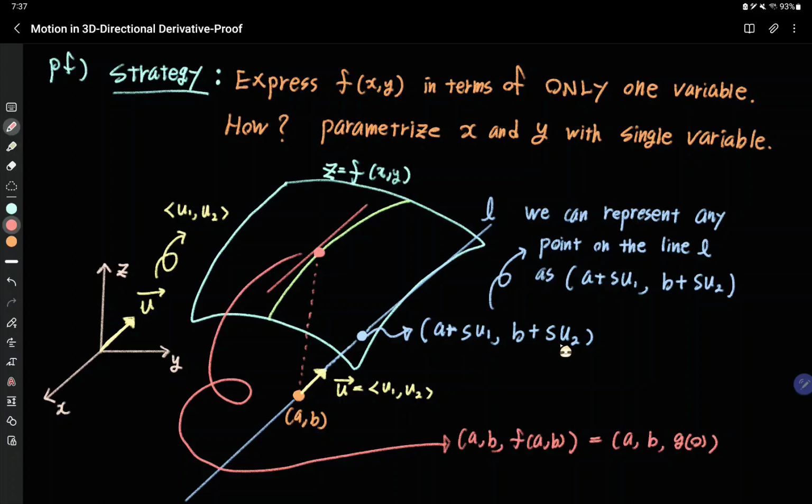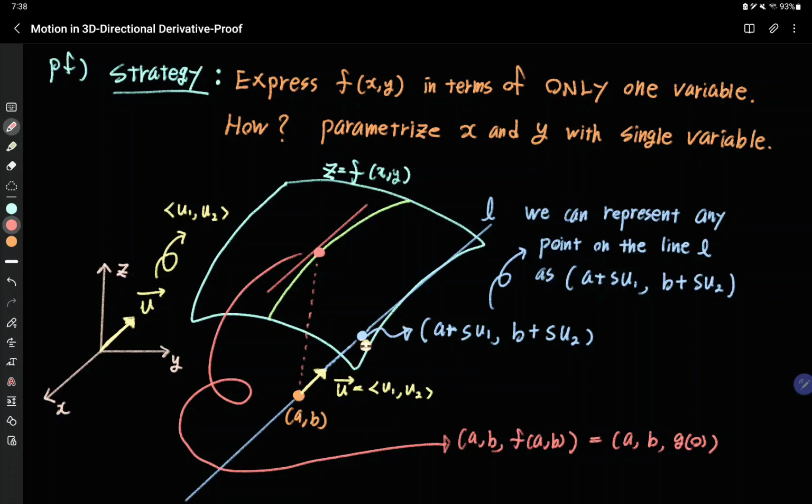It makes sense, right? Because the role of s is to control the length of the vector. If s is positive, then that vector will be elongated in that direction.